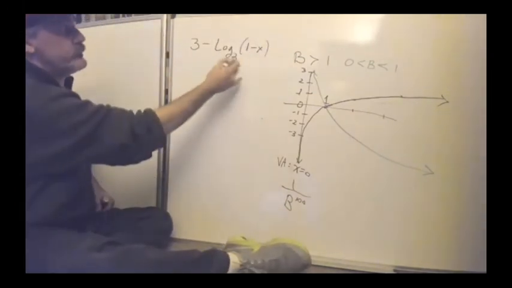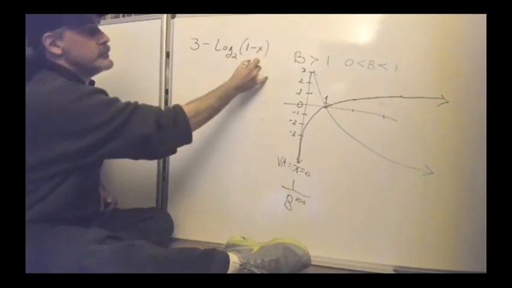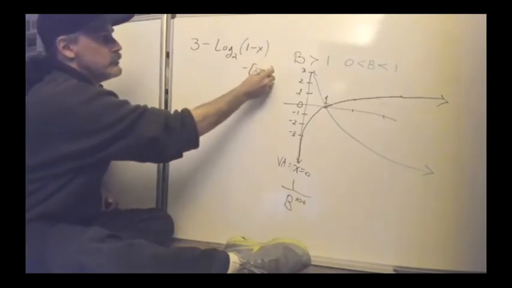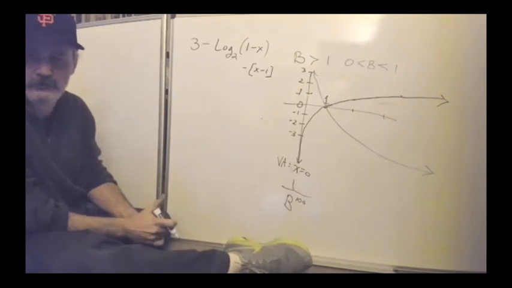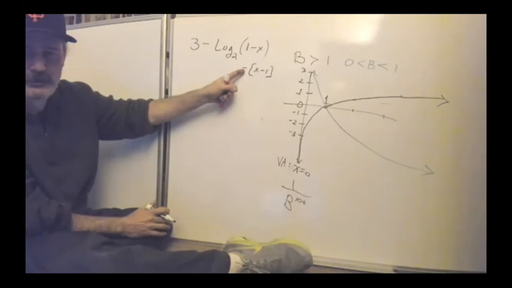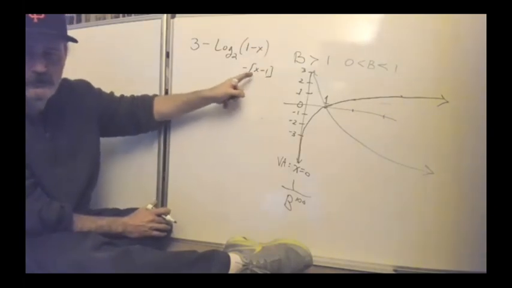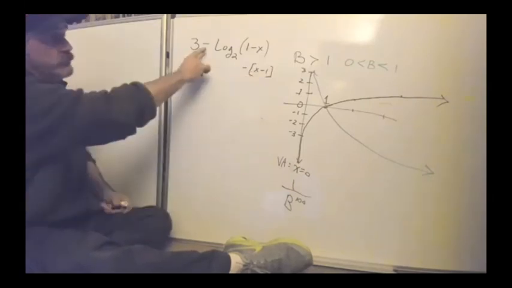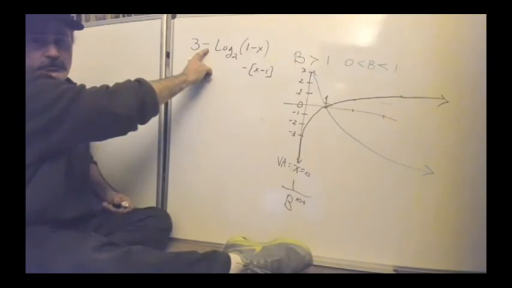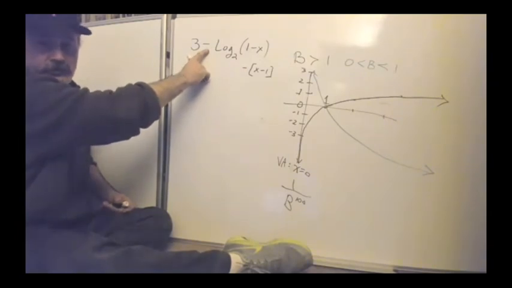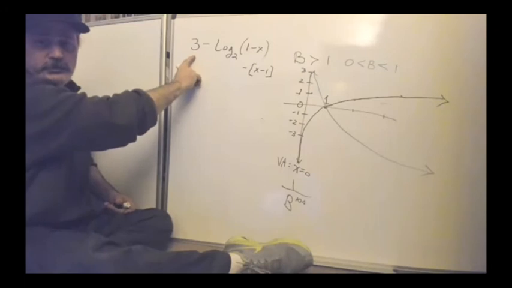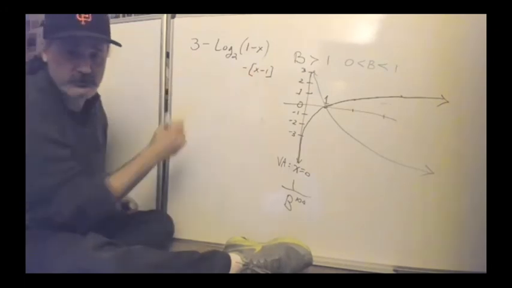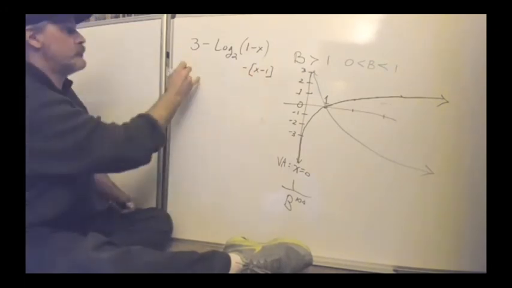The first thing, I'm going to change this so that we can interpret it a little better. Notice we're actually having a sign change before we do the horizontal transformation. We want to save the horizontal transformation for last. And then we're also changing the sign here. So we're going to have reflection across the x, reflection across the y, a vertical translation up 3, a horizontal translation right 1.